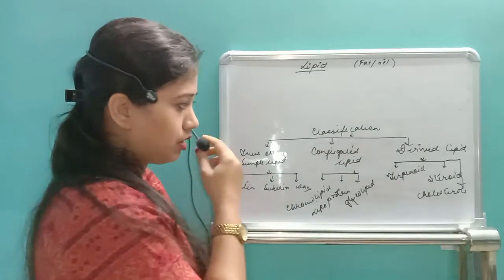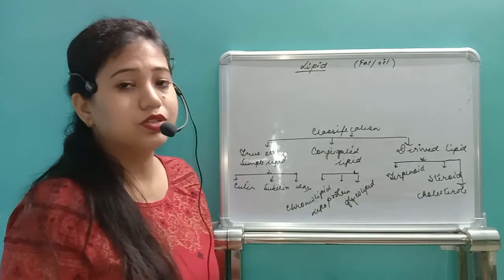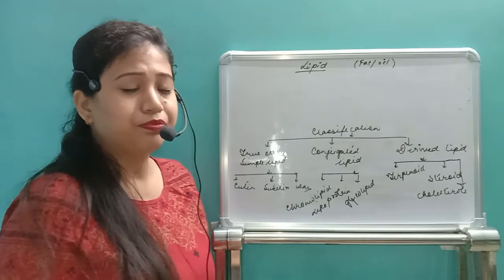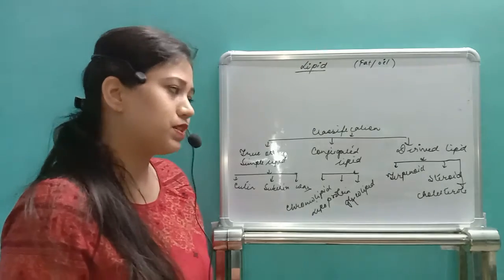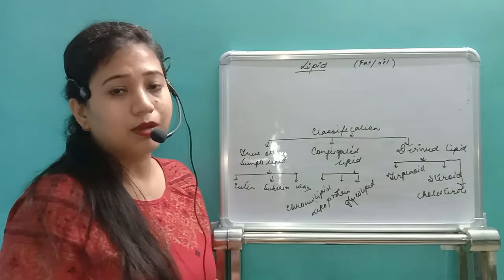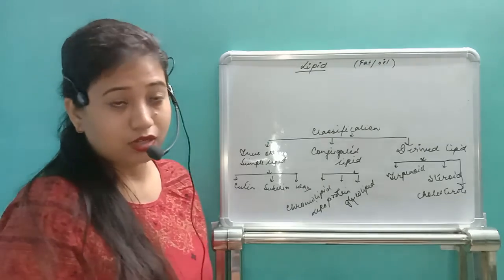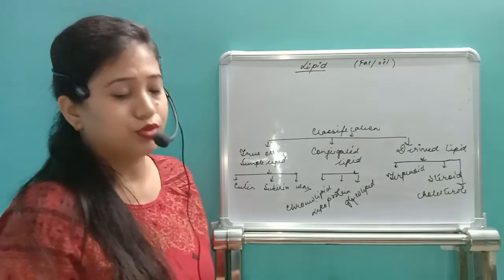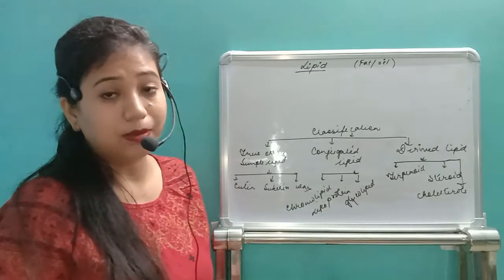And as I already told you about the derived lipid, derived lipids are those which show some properties of lipids, but they are not the esters of fatty acid and alcohol; yes, they are some ring-like structured components. So yes, these are the different types of lipids.